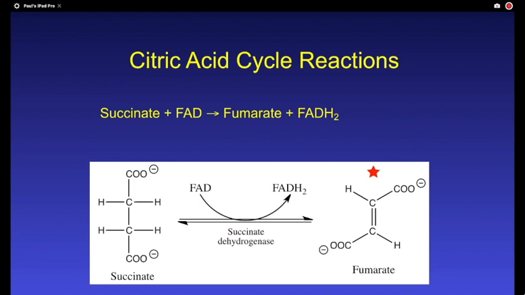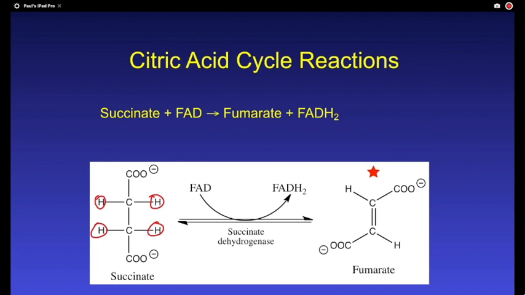When the reaction occurs between succinate and fumarate, the reaction of a dehydrogenase is deprotonate and a hydride. Okay? So, which of these hydrogens do I deprotonate? They are all equivalent. They also fit in the enzyme upside down.